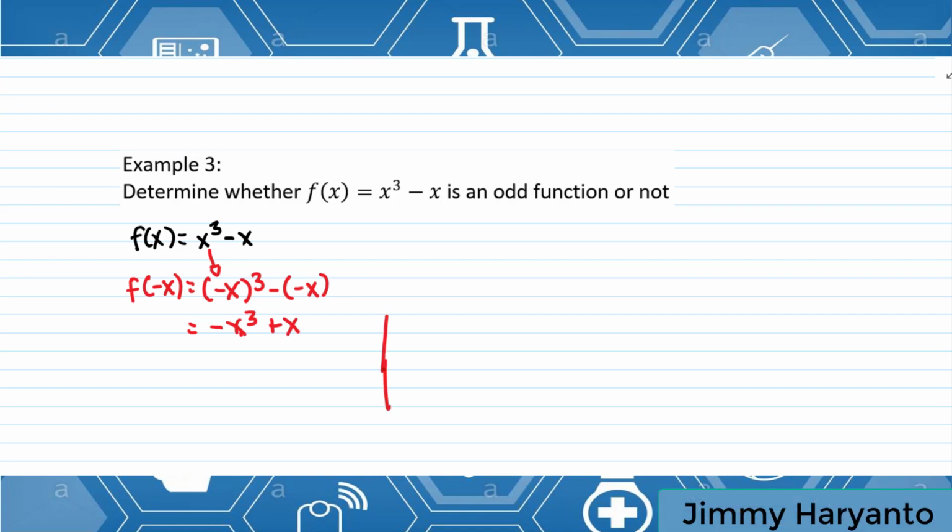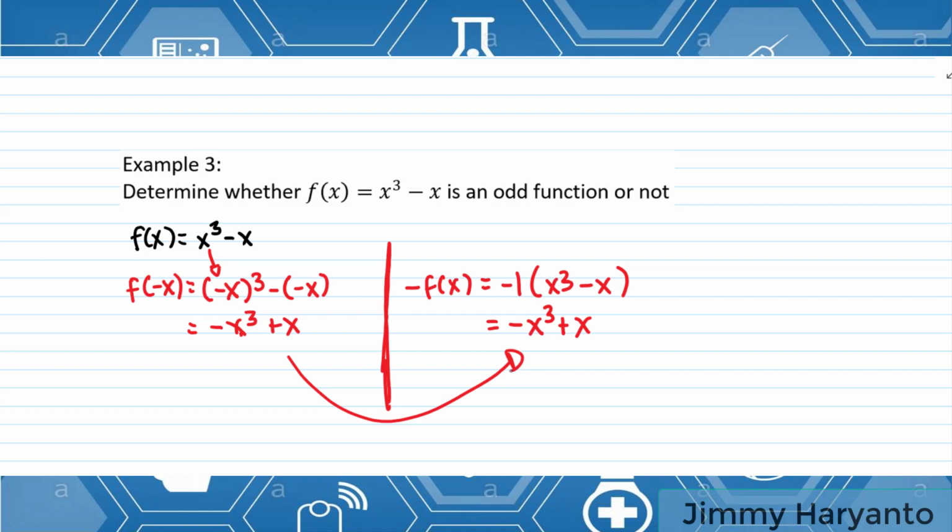And then for the second step, you have to find negative f(x). Negative f(x) means you have to multiply negative 1 with the f(x). The f(x) is x cubed minus x, times negative 1 gives negative x cubed plus x, which is the same, ya. If it is the same, then it is an odd function.